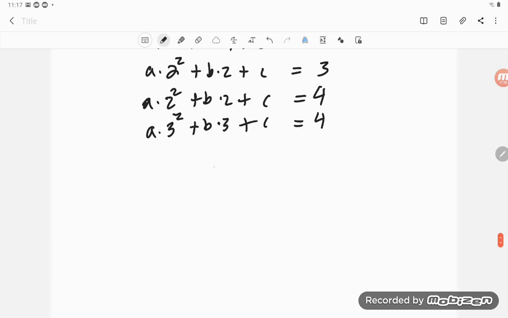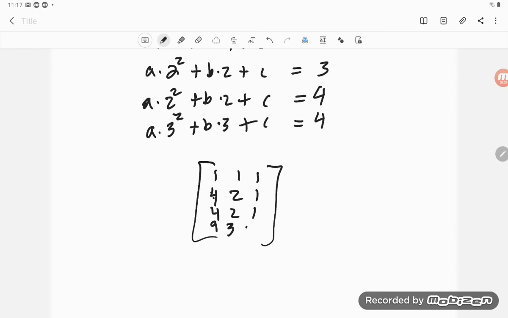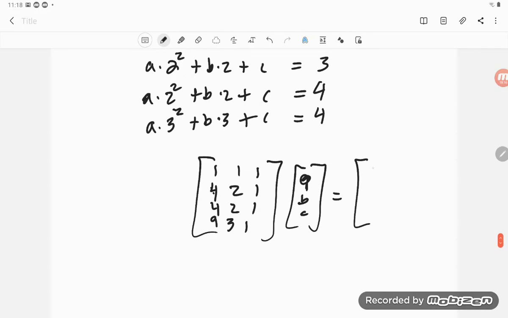And so then I would set up, again, a matrix problem, with rows 1, 1, 1, then 4, 2, 1, 4, 2, 1, and 9, 3, 1, all times my a, b, c, and want to get 2, 3, 4, 4.